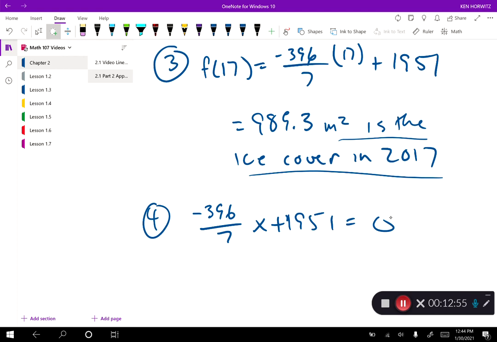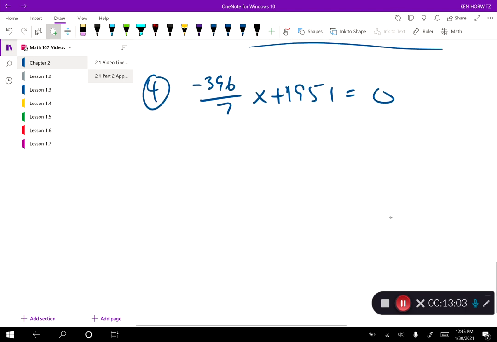And the only question is, when? And x will give us the number of years since the year 2000. So here's what I'd like you to do. This is an algebra problem, and you should be able to do your algebra. So work this down and see what x equals, and we'll talk about the answer on the back end.